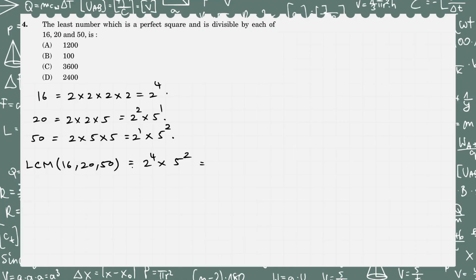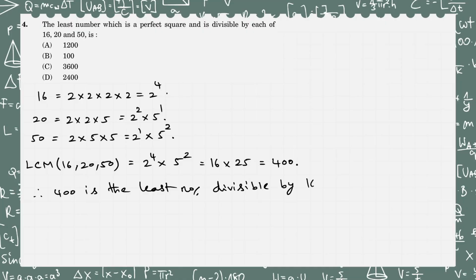So the LCM of these is the product of 2 power 4 and 5 square, which is nothing but 16 into 25, and their product will be 400, isn't it? And look at this, a perfect square. So this is the least number. Therefore, 400 is the least number divisible by all the three, isn't it?